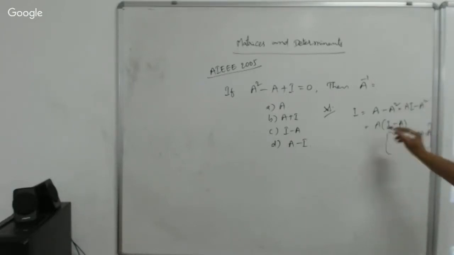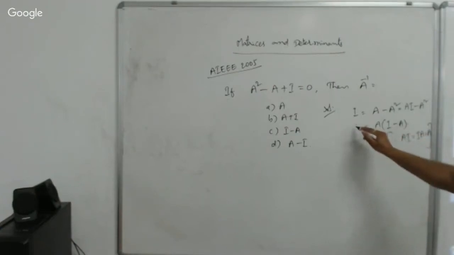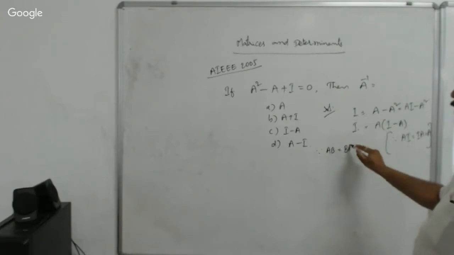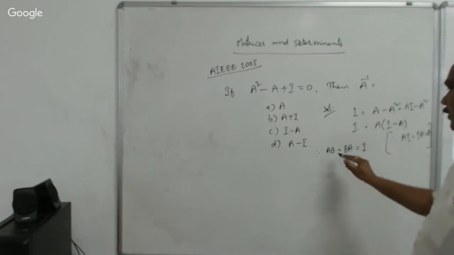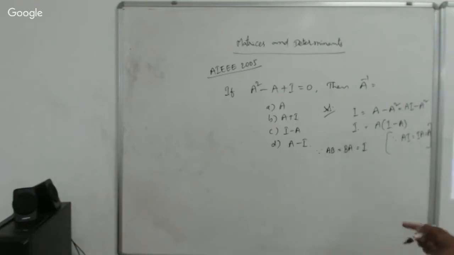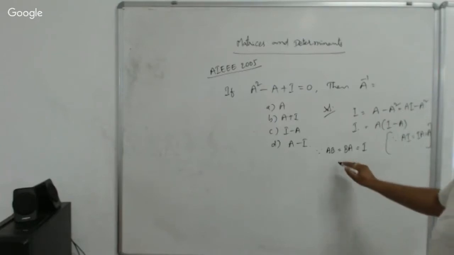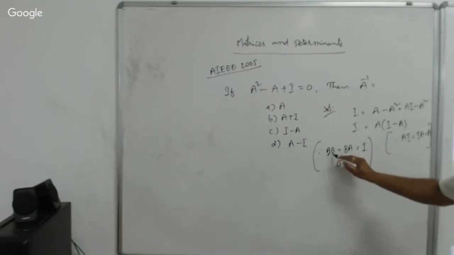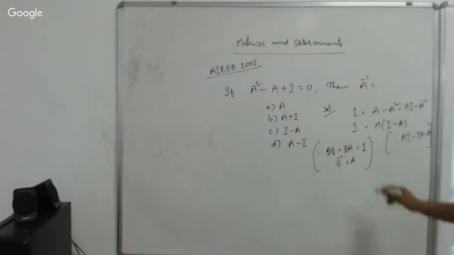Now A common: A into I minus A equal to I. Now we have one formula: AB equal to BA equal to I. Then A is the inverse of B and B is the inverse of A. Therefore, B inverse equal to A. If AB equal to I, then one matrix is the inverse of the other. Of course, here you can write A inverse is also equal to B.